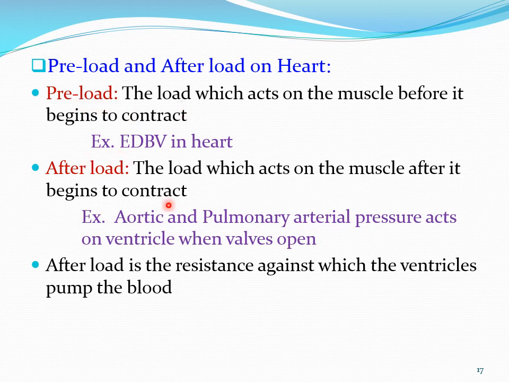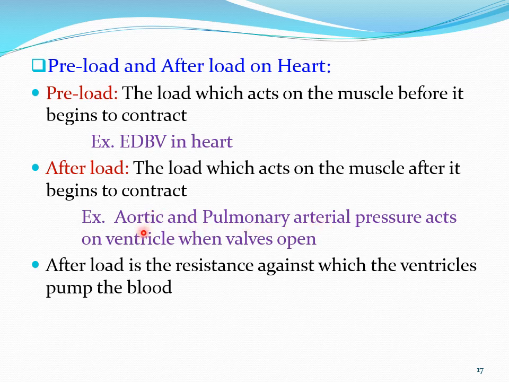And what is afterload? The definition is the load which acts on the muscle after it begins to contract. So the load that acts after muscle contraction starts is called the afterload. For example, when the heart starts contracting and the contraction continues, there is an opening of the aortic valve and pulmonary valve.